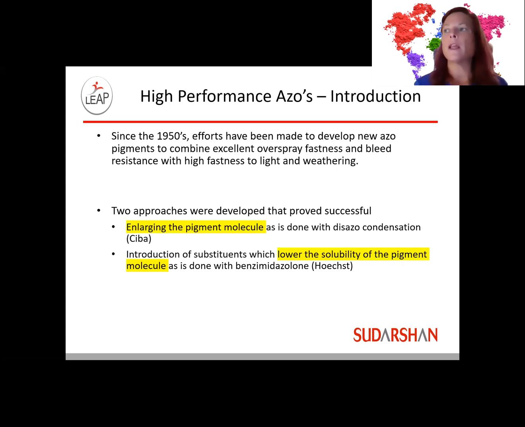Two approaches were developed that proved successful in getting these improved technical properties. The first one was created by SIBA, which is creating the disazo condensation pigments, and in this case the pigment molecule is enlarged to create the improved properties. And the second method was to lower the solubility of the pigment molecule, as is done with the benzimidazoline class of pigments.